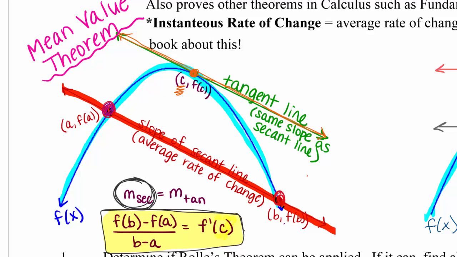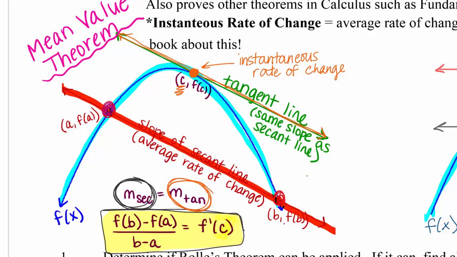That you have an average rate of change and it will equal the instantaneous rate of change. So right here is an instantaneous rate of change, at that one point. And what we're basically saying is that if the lines are parallel, their slopes are the same.